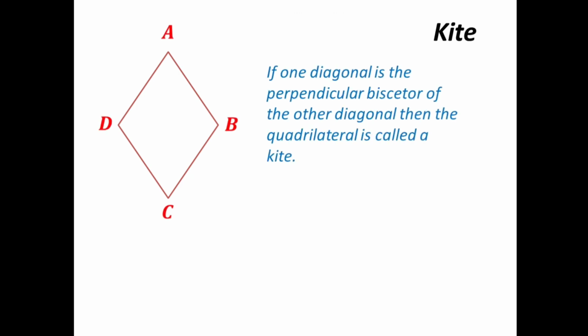So there is another type of quadrilateral which is called a kite. Now this type of quadrilateral looks like a kite. That's why it's named a kite. We can define a kite as, if one diagonal is a perpendicular bisector of the other diagonal for any quadrilateral, then that quadrilateral is called a kite.